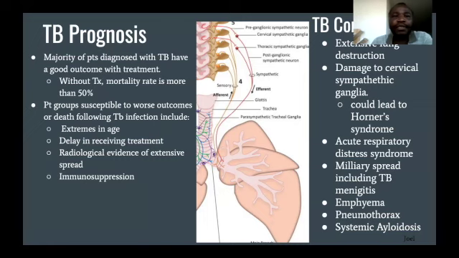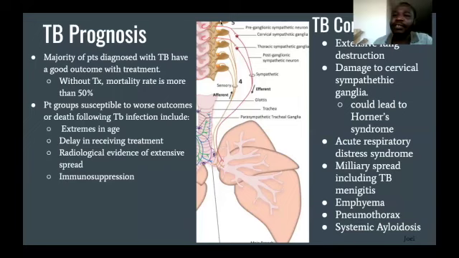The majority of patients diagnosed with TB have a good outcome. Patient groups susceptible to worse outcomes or death following TB infection include those of extreme age, the old, those who delay receiving treatment, those with radiological evidence of extensive spread, and immunosuppressed patients.